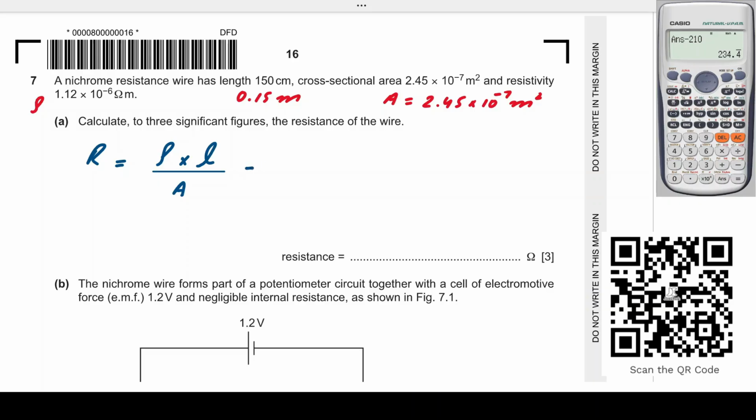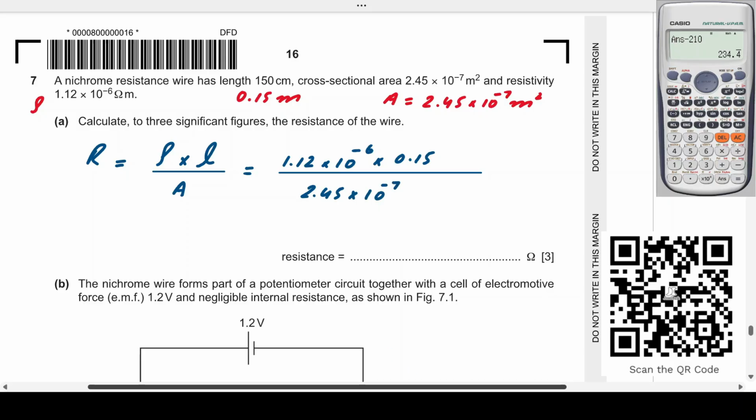So we need to find the resistance. The resistivity, which is also given in proper units, ohm meter, times the length 0.15, divided by the cross section area, which is 2.45 times 10 raised to the power minus 7.